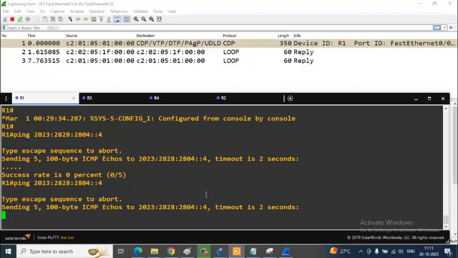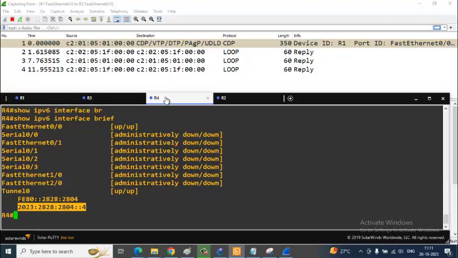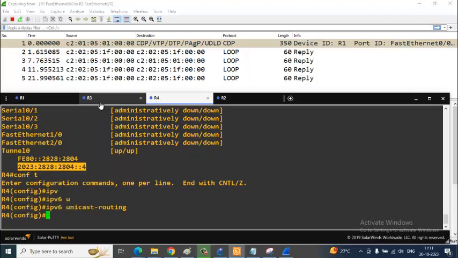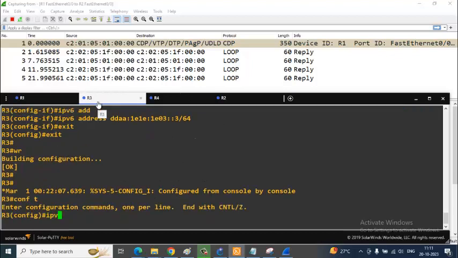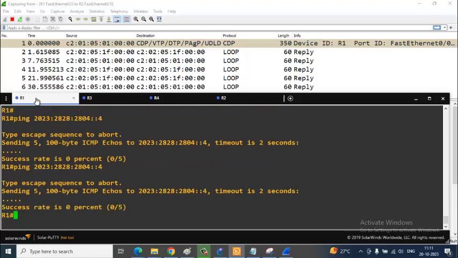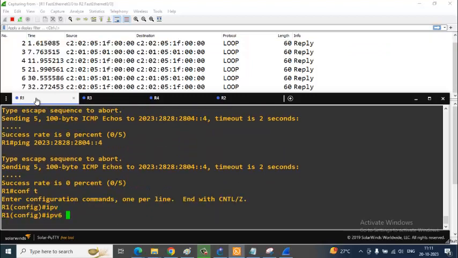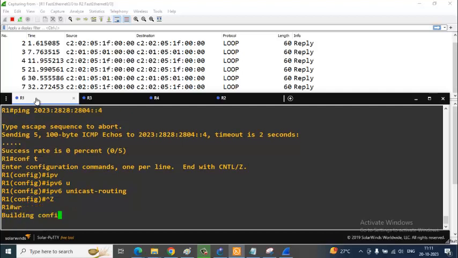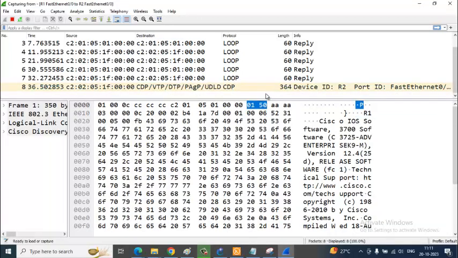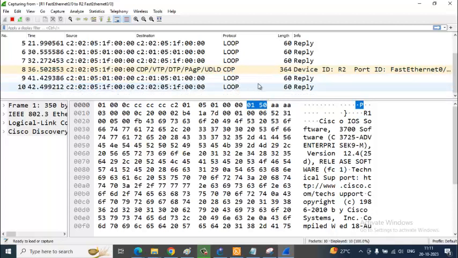See, there is no packet going out. The packet itself is not leaving. The reason is we have not enabled routing. IPv6 routing is not enabled. Let us go and enable the command ipv6 unicast-routing. Now, as soon as I enter ipv6 unicast-routing, there should be some negotiation packets coming out.